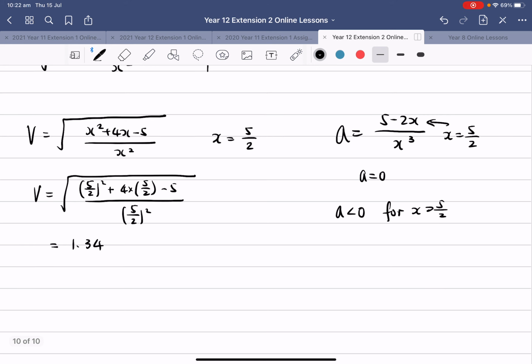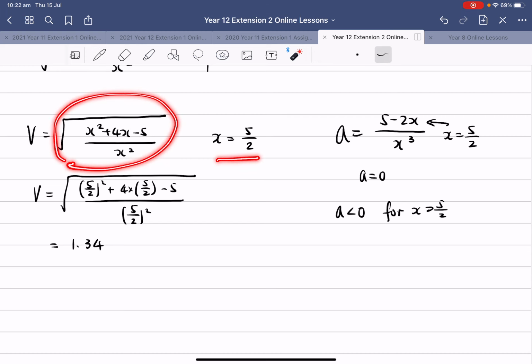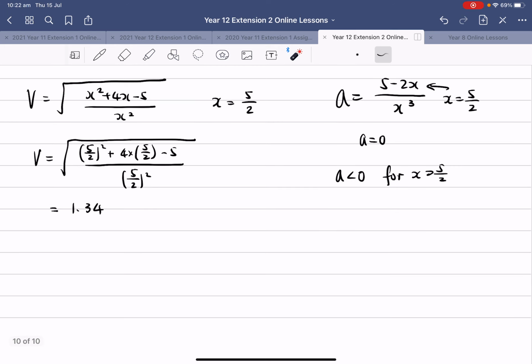So in that case, what we need to do, I guess, is to sketch a graph for this one and see, when x is greater than 5 on 2, what the velocity is approaching. But obviously, in an exam situation, it's pretty hard to actually sketch a graph like this.